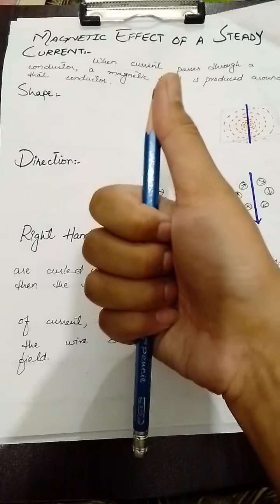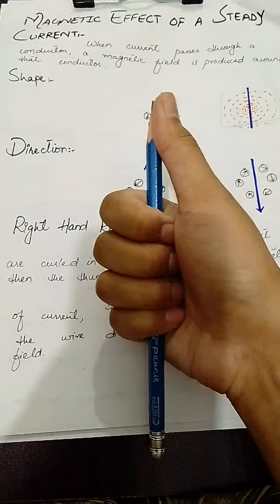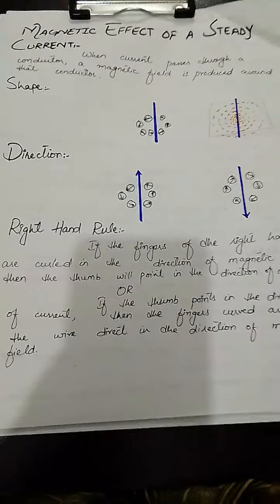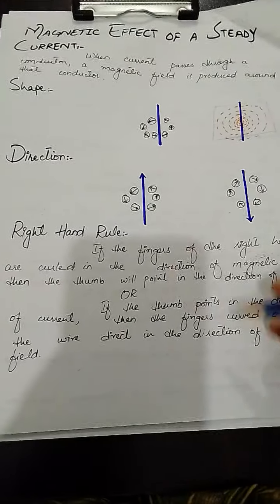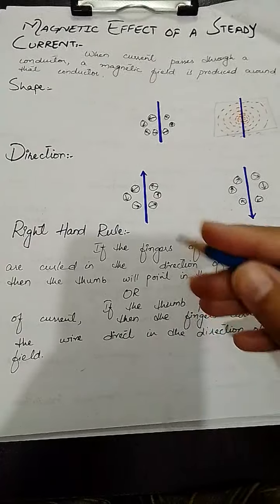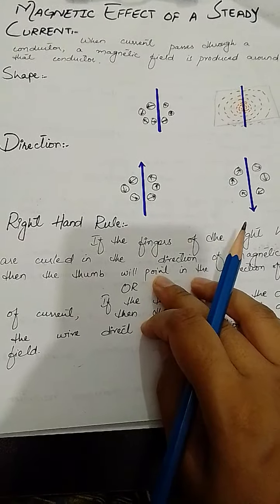This is the rule that we can use to determine the direction of the magnetic field around a current carrying wire. By definition, you can use the right hand rule to determine either the direction of the current or the direction of the magnetic field.